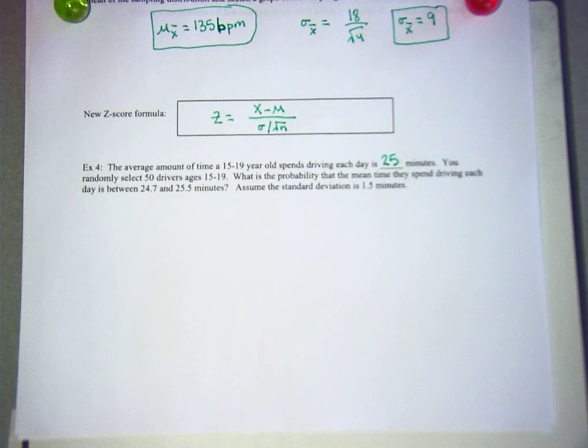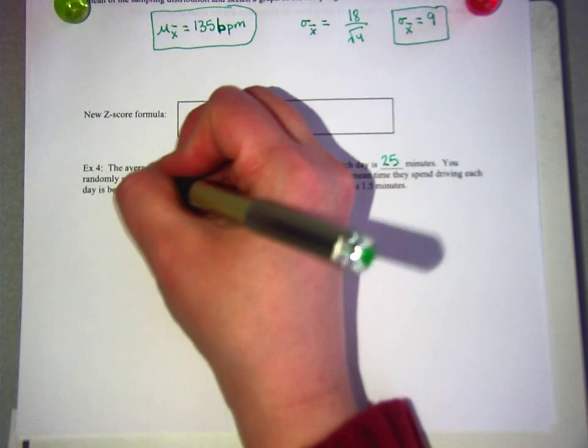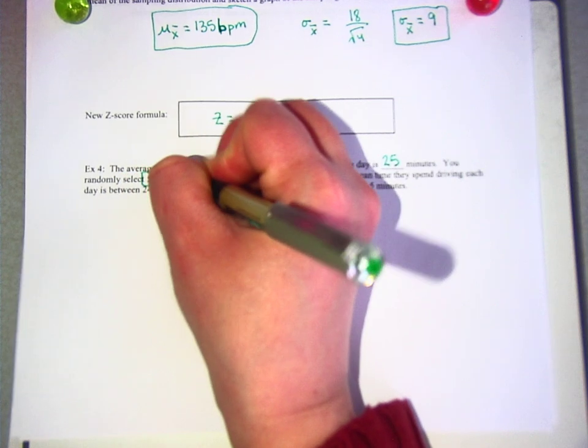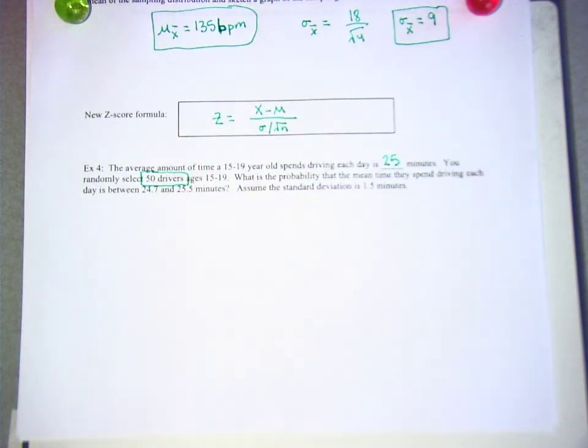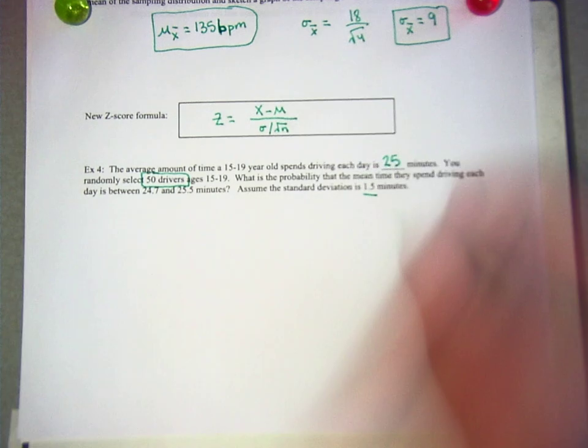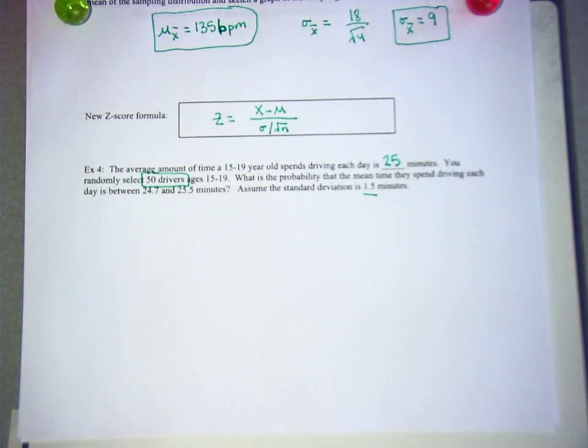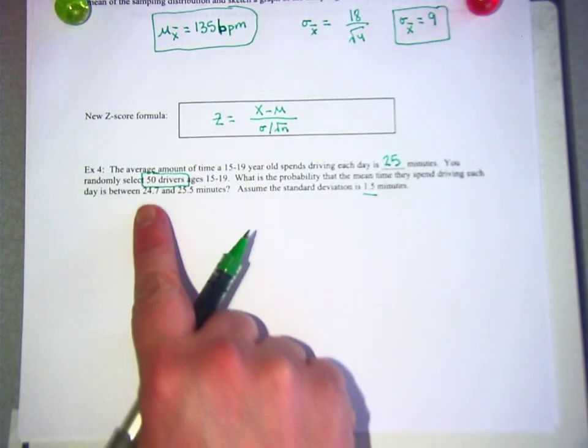Okay, so here's how you know that this is a central limit problem. See how it says you select 50 drivers? And the old standard deviation is 1.5 minutes. So we're going to make 2 of these.